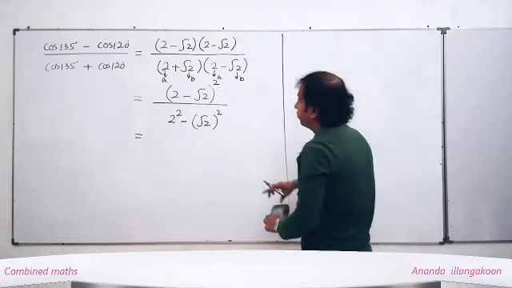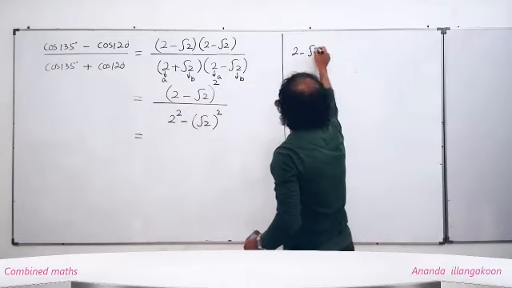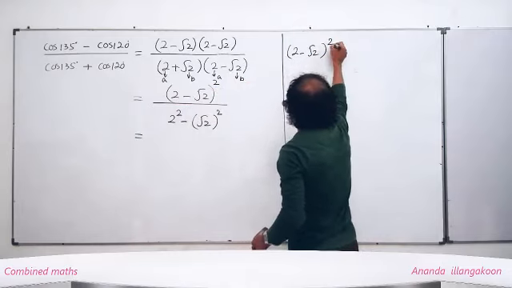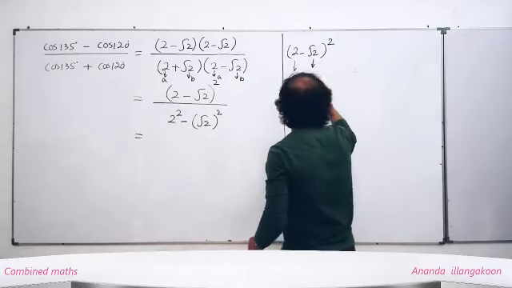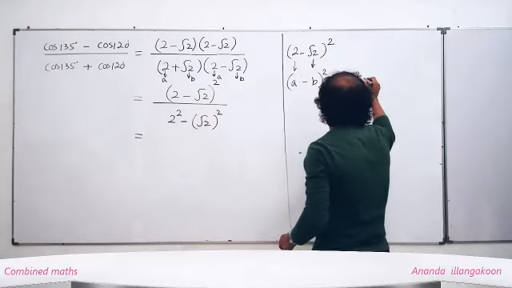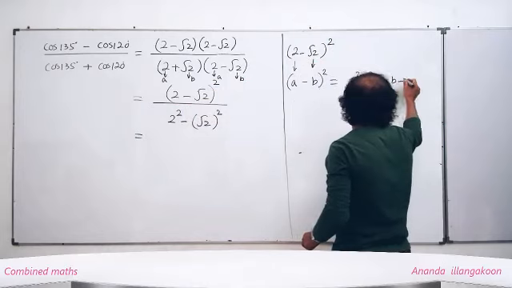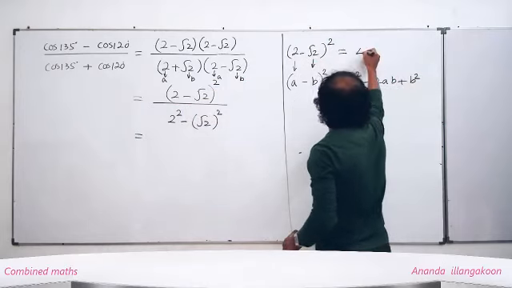Okay, people, now this one, 2 minus root 2 perfect squared, you can simplify. If you take this 2 as a, root 2 as b, in the middle we have minus. What is the expansion of this? a squared minus 2ab plus b squared. Using that, what do you get, people? 2 squared, 4.